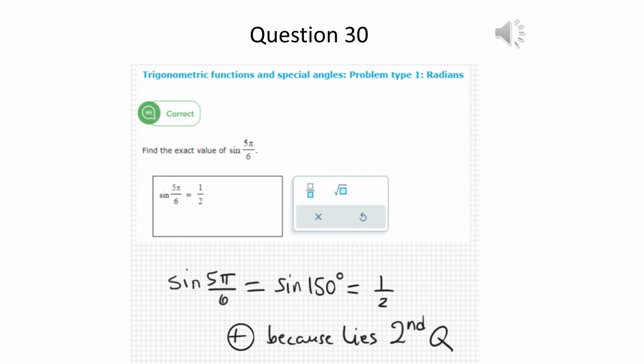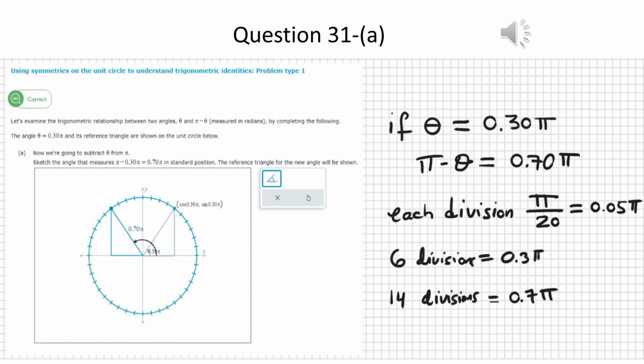Well, it's relatively easy to sketch 0.3 pi, and pi minus theta is 0.7 pi. Each division is pi over 20 because you have 20 divisions: 1, 2, 3, 4, 5, 6, 7, 8, 9, 10.